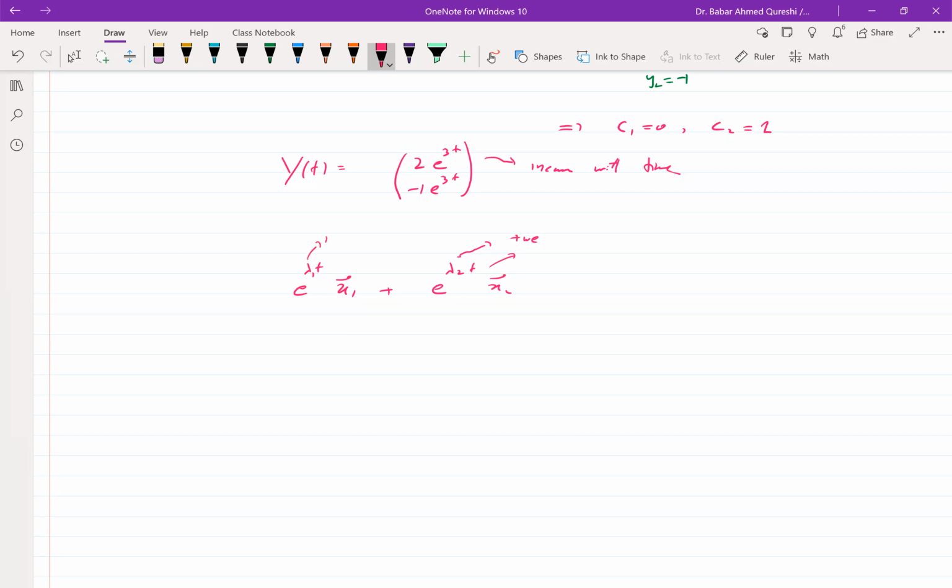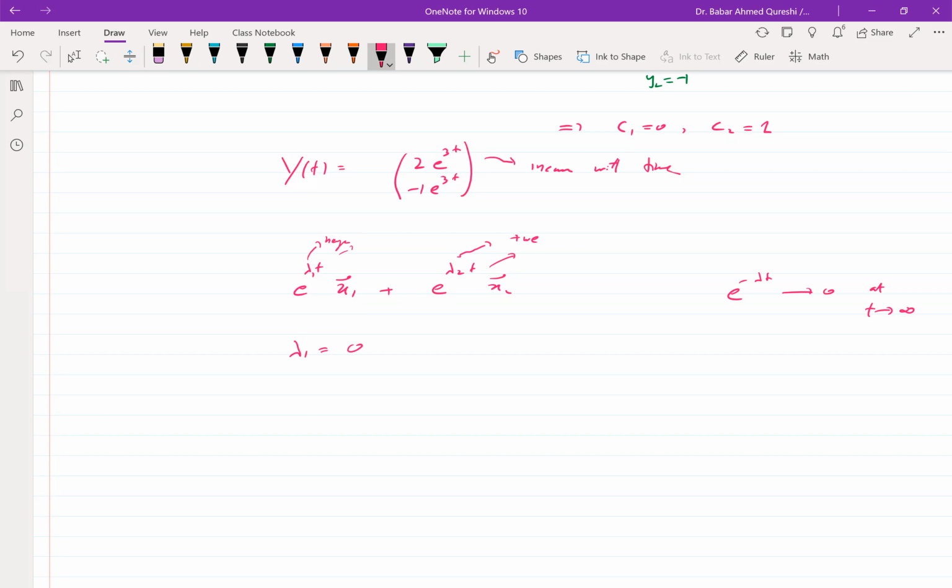If it's negative, it decreases with time, because e to the minus lambda t goes to 0 at late times, so this dies down. But you can also have lambda equal to 0.